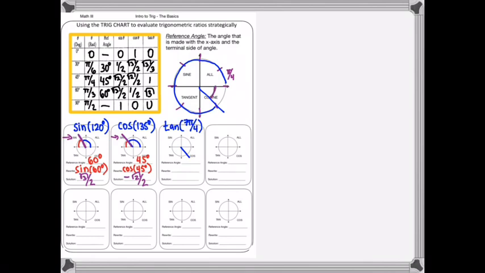Let me draw the original in here. And so what we want to do then is rewrite it as the tangent of pi over 4.